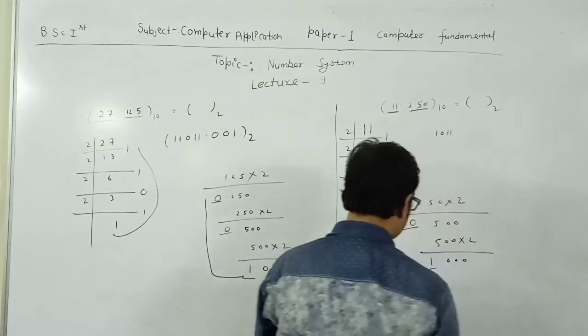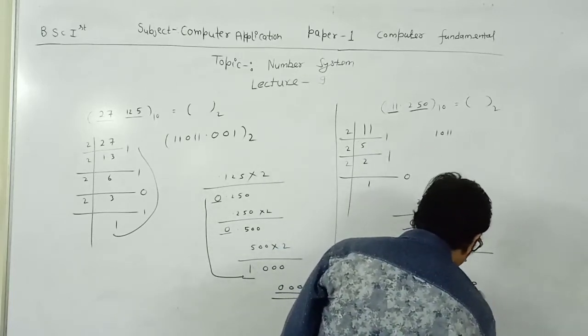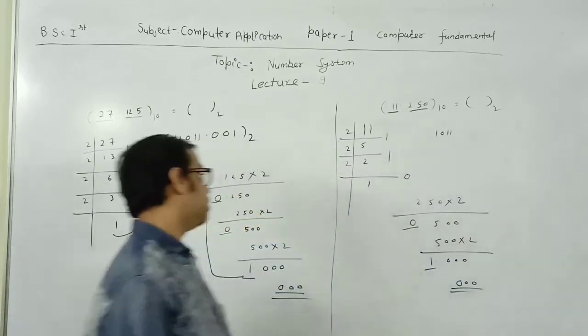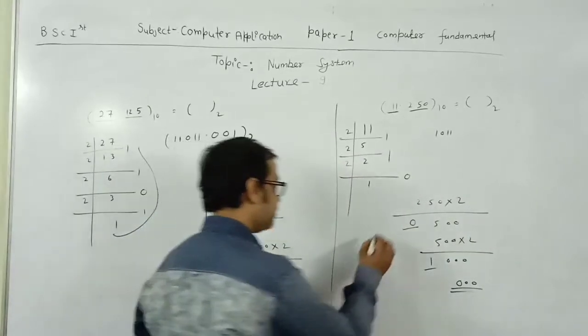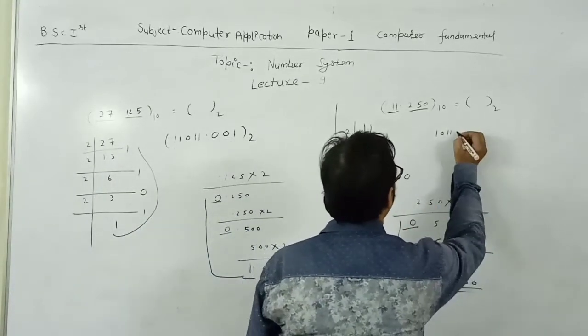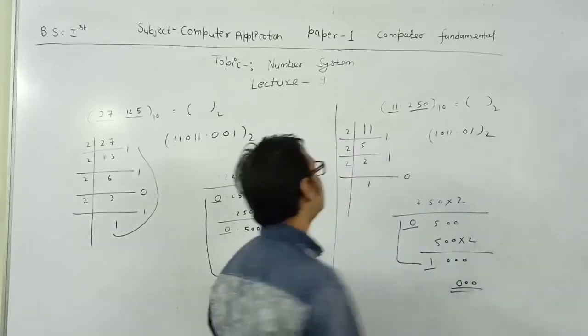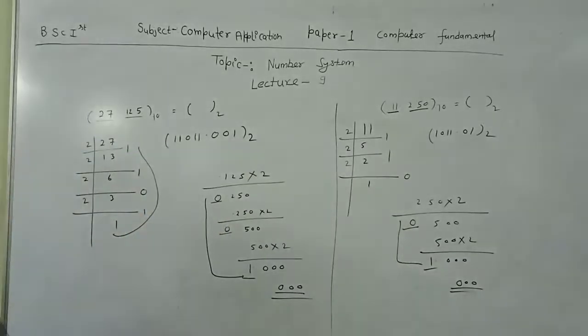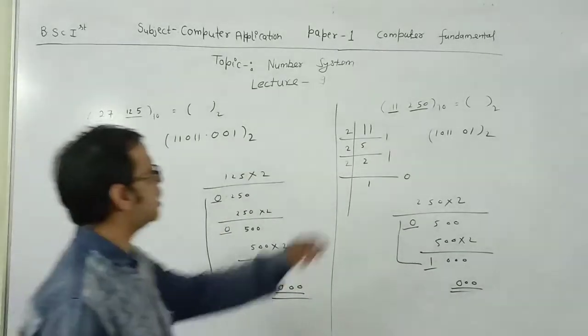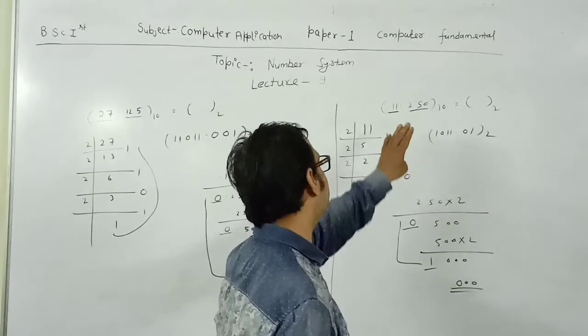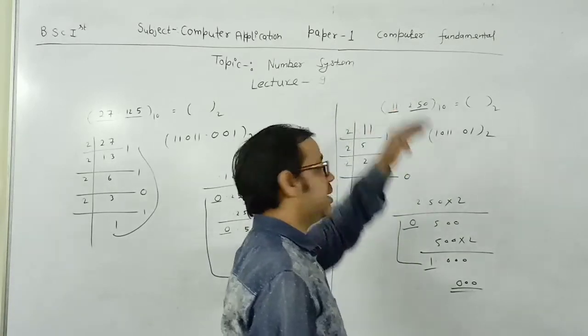Save the integer part, so the fractional part becomes 0. So the answer is 1011.01 base 2. So this is how you convert a decimal number that contains a fractional value also into binary.